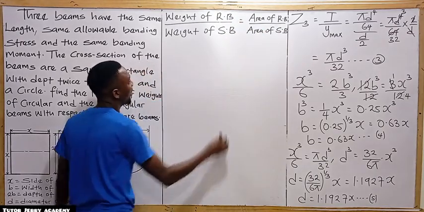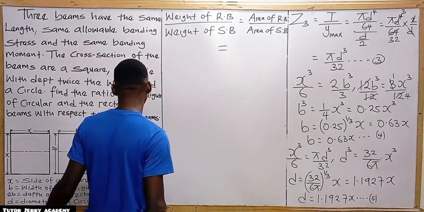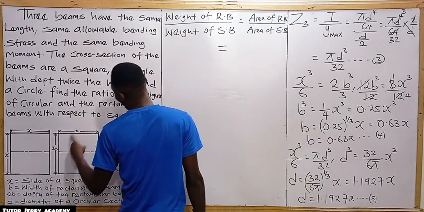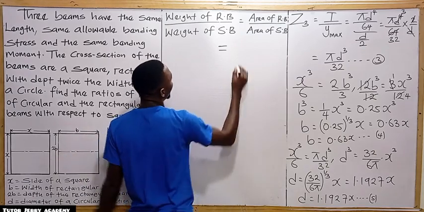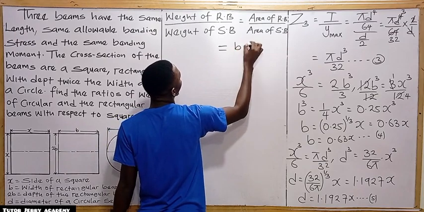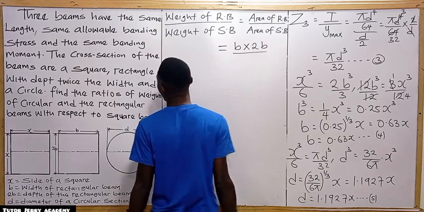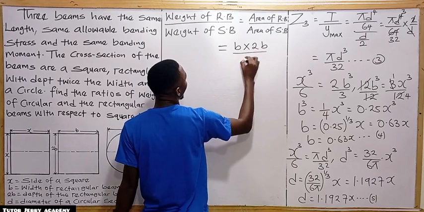Now what is the area of a rectangle? The area of a rectangle is length times breadth. So it's going to be b multiplied by 2b, all over the area of a square. The area of a square is just going to be s square.